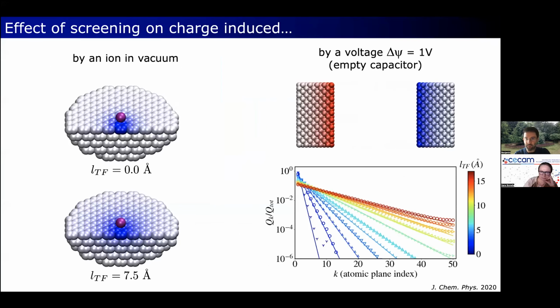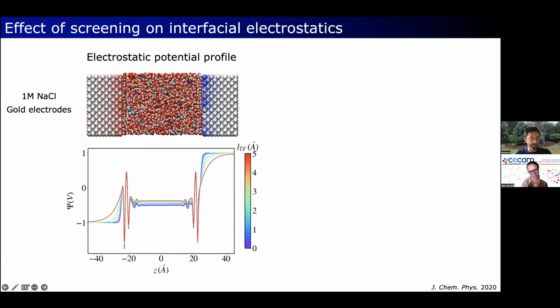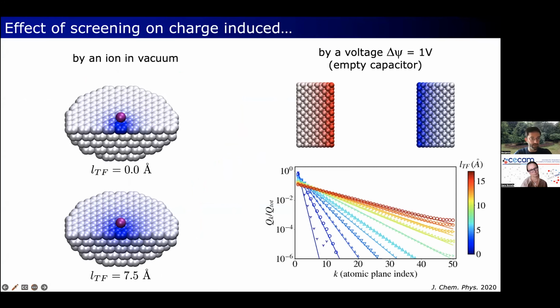I'm going to illustrate that with a discussion of screening. So all the electrode atoms have fluctuating charges. In practice, the ones that do have a significant charge depends a lot on the screening length. So for a perfect metal with LTF equals 0, I don't know if you can see the pointer.